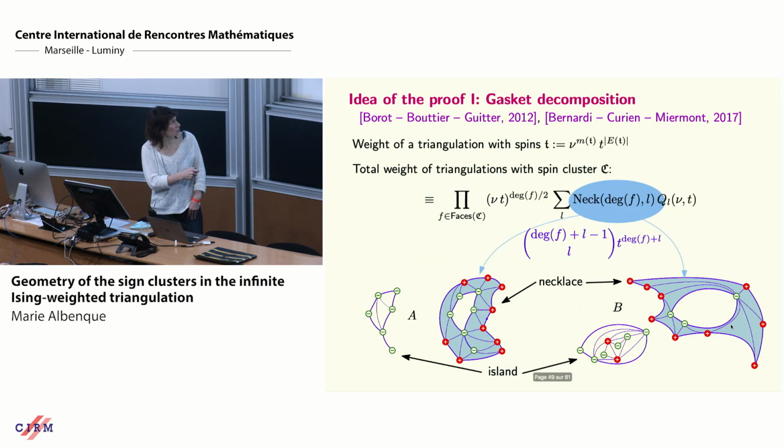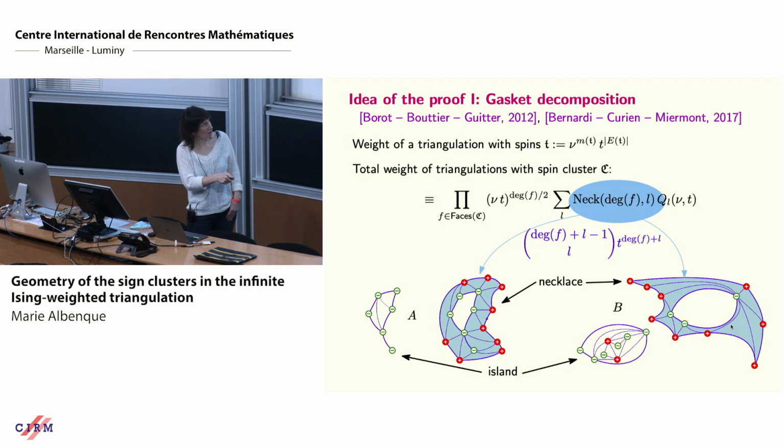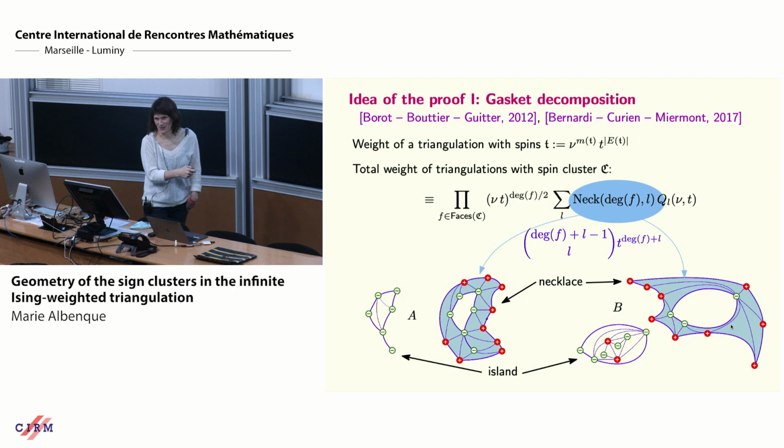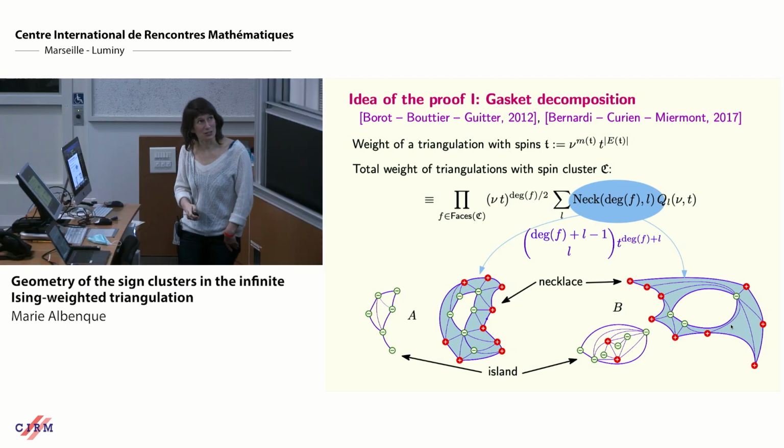And then I need to account for all the edges in the necklace. All these edges are non-monochromatic, so there is going to be no nu here, only t to the power the number of edges, and this is just given by a binomial coefficient. Such a decomposition already appeared in the two papers I mentioned.